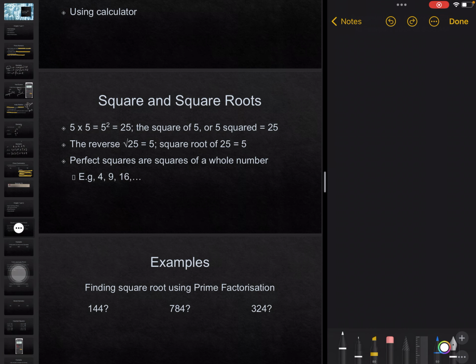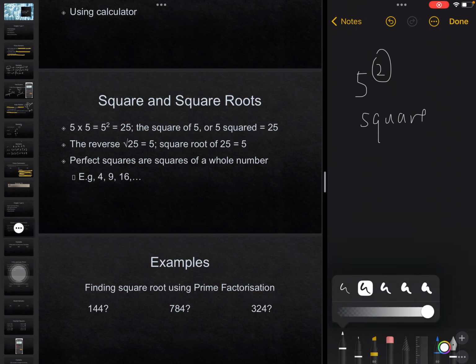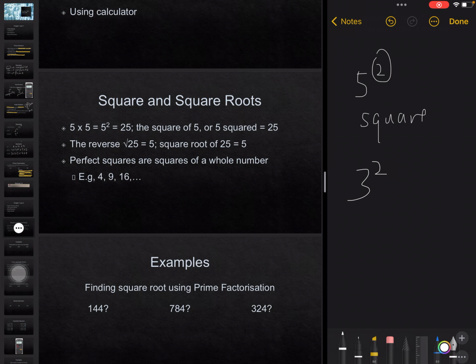So when you have 5 power 2, when you have a power 2, this is what we call square. So 3 to power 2 is called 3 square, and 10 to power 2 is 10 square.